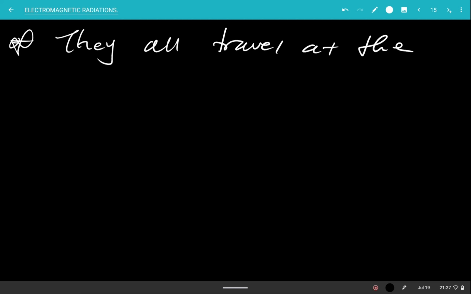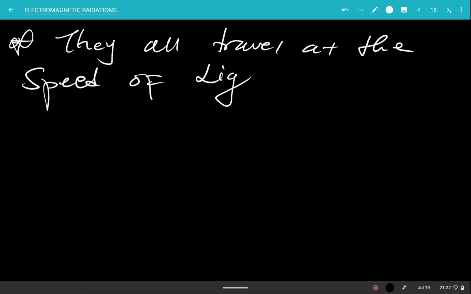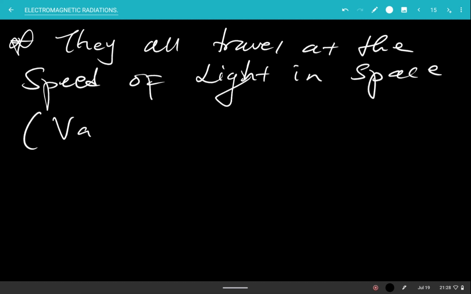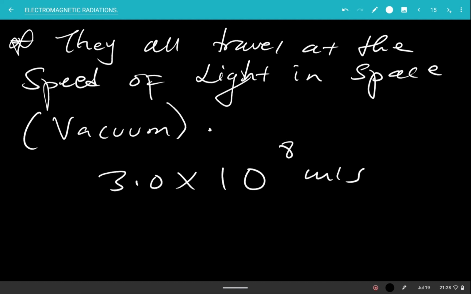When we say vacuum, we're simply talking about space. They all travel at the speed of light in space. I like to use the term space. It's easier for people to relate to. And that speed is 3.0 times 10 to the power 8 meters per second.